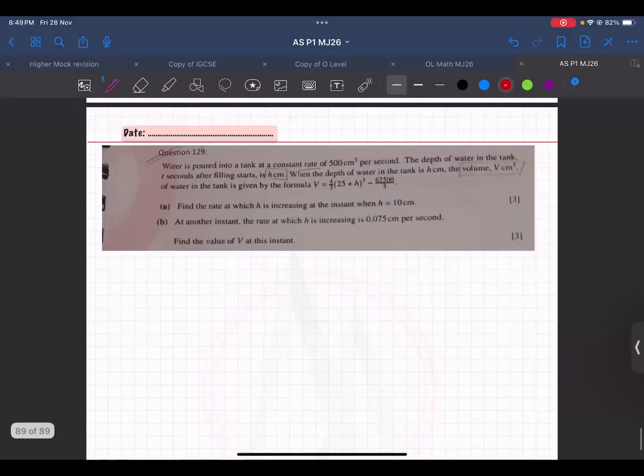Water is poured into a tank at a constant rate, which is volume per second. So dV by dt is given to you as 500. The depth of the water in the tank is h.